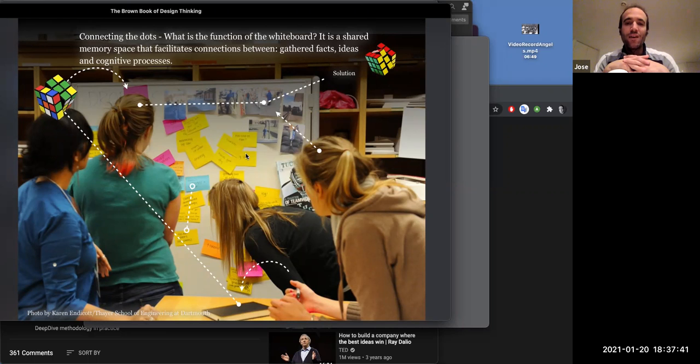If you can connect those two parts, then you solve the puzzle, or you find a good solution. And how do you do that? In design thinking, we use a board and brainstorming, and we put all the crazy ideas there. Then we put them on Post-its so other people can see them, and we can make connections with the help of the board. Does that make sense?